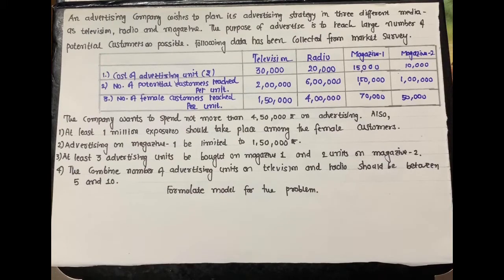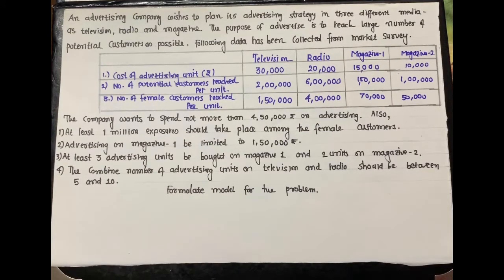And third conclusion from the market survey is number of female customers reached per unit broadcasting, that is 1,50,000 for television, 4 lakh for the radio, 70,000 for the magazine 1 and 50,000 for the magazine 2.